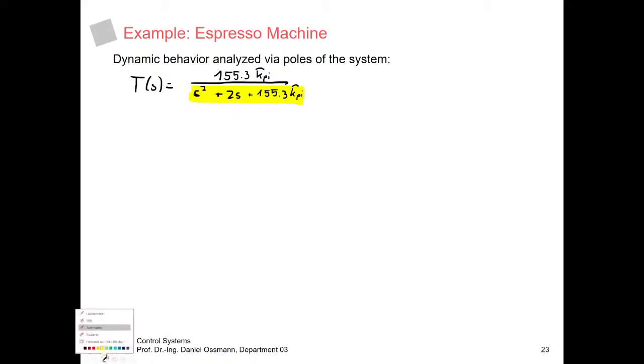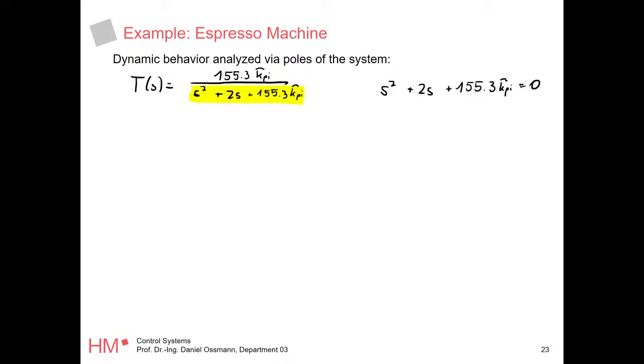Okay, let's do it plain and simple, and let's compute the poles of that system. For our poles, we need to take the denominator and set it to 0, right? So these are the poles. And obviously, the poles depend on where we select this gain. The poles are at a different location when we select KPI equal 100 than when we select it equal 1.